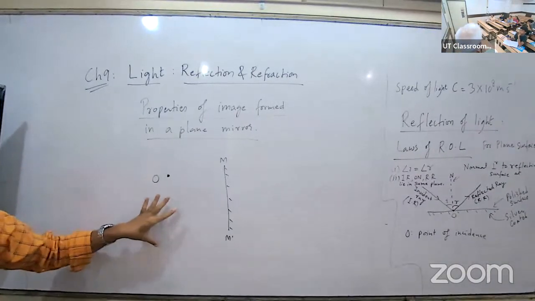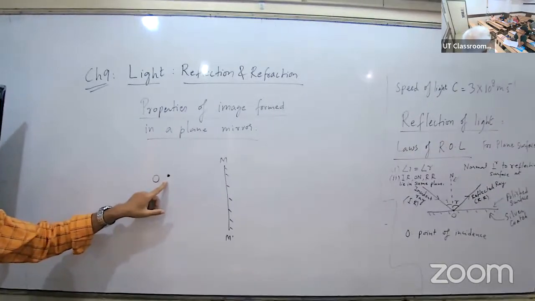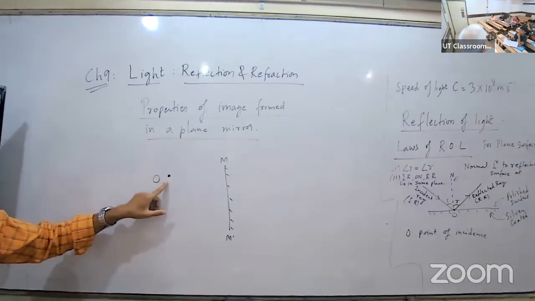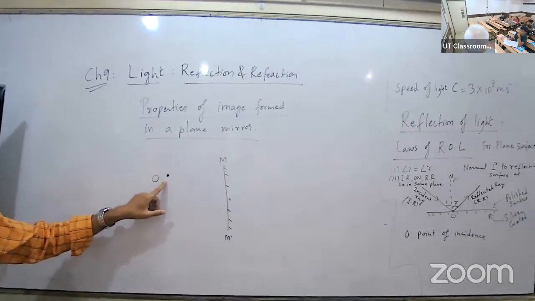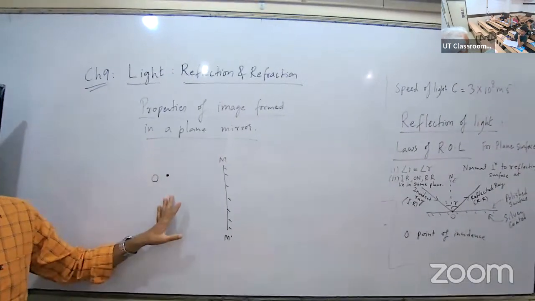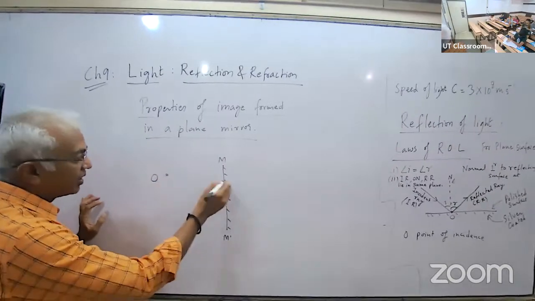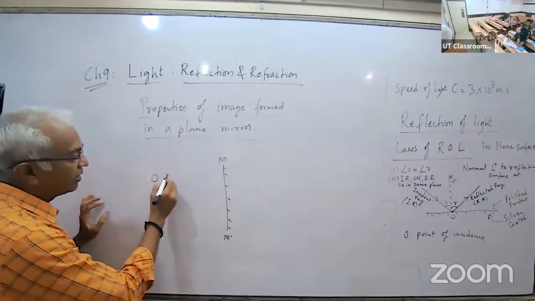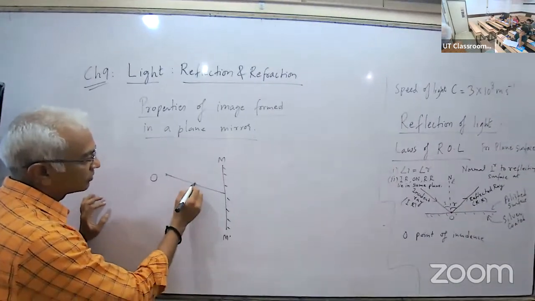So let's draw the ray diagram for this. So how do we see the object? We see the object when the rays come from the object to our eyes, right? But we are seeing not this object directly, but in the mirror. So how to draw the ray diagram? The mirror will see this object only if the rays of light are traveling to the mirror from it.